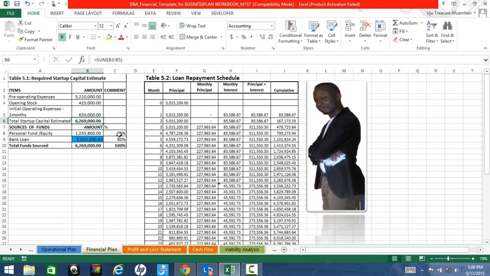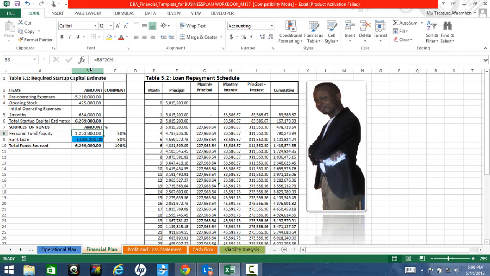This comment column is just giving an explanation. This tells that this is 20% of the value we have here. So how did we arrive at this value? This value came from multiplying what you have here.